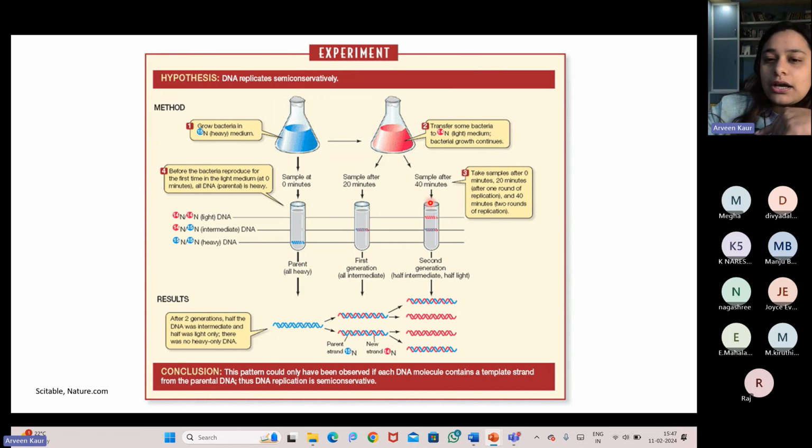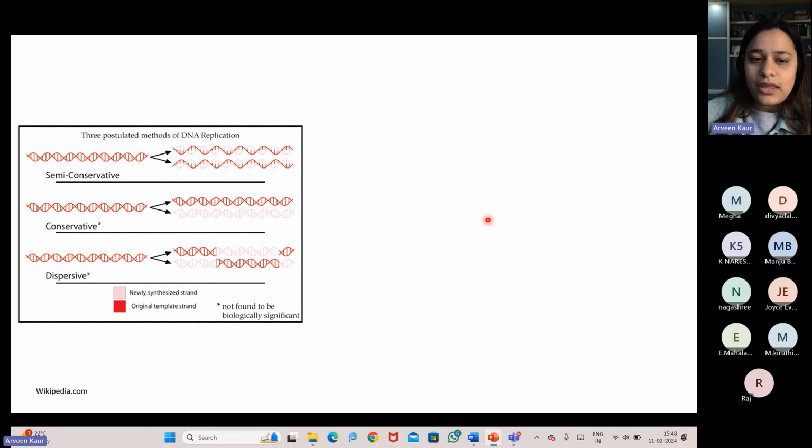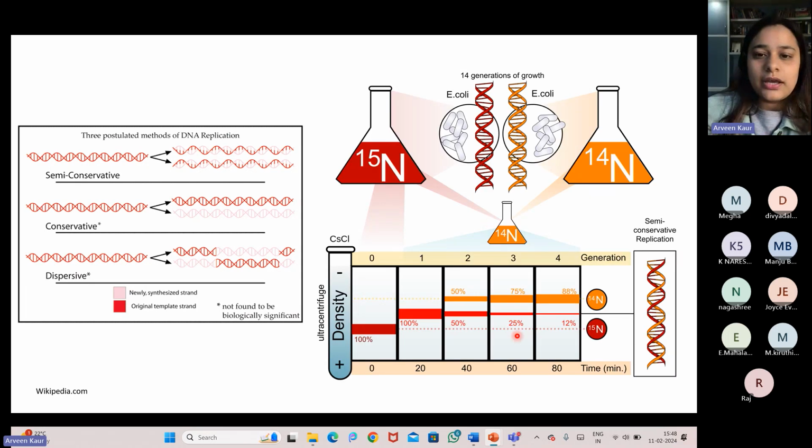For example, because there would be chains which had some heavy chain, few light chain, some would have more light chains, few heavy chain, right? It would not be 1:1 ratio for anything, right? So that is how we know that it is not even dispersive mode of replication that occurs, right?